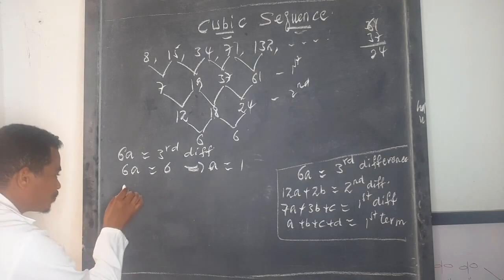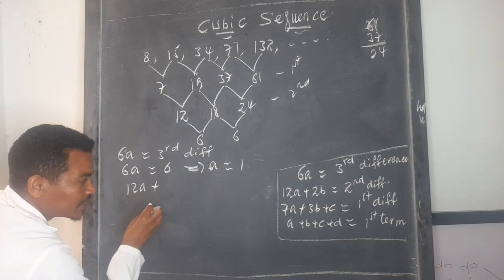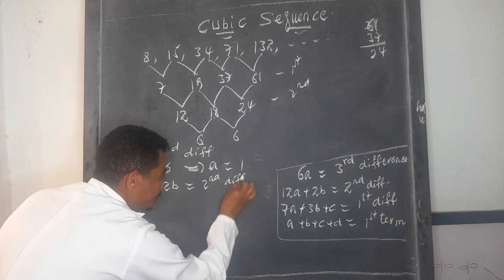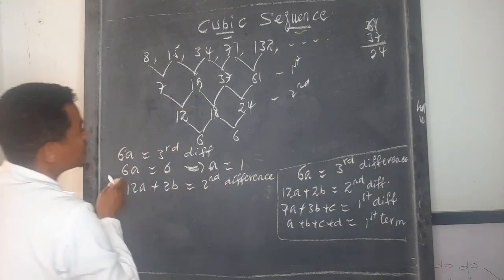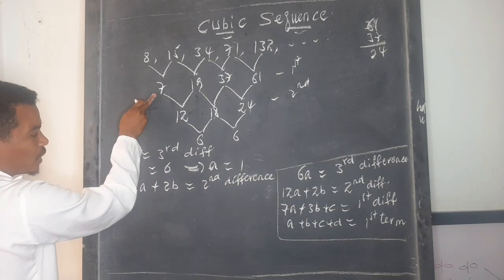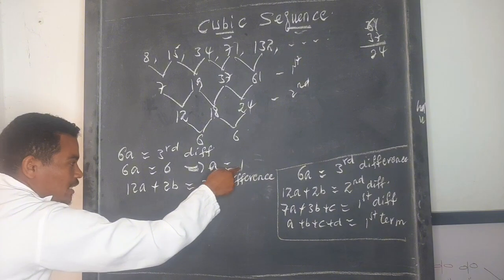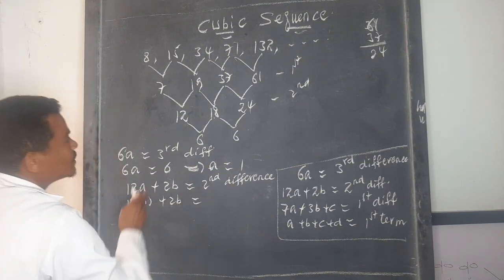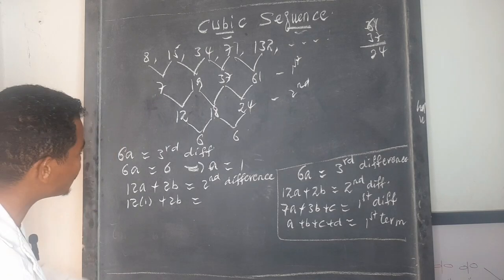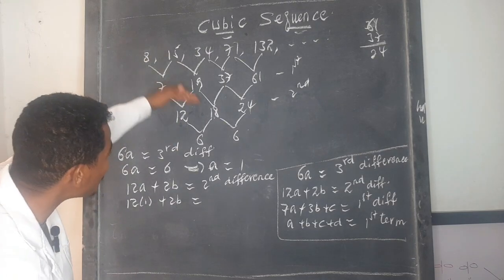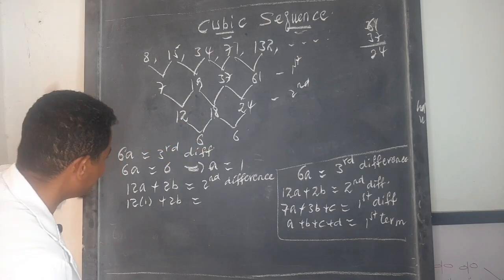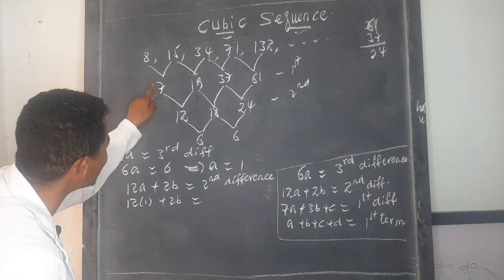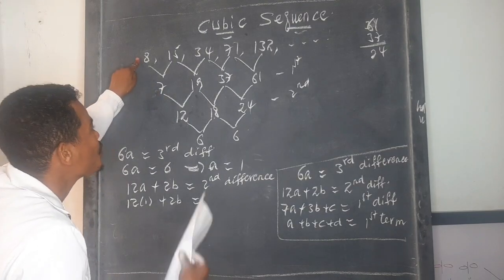The next one is 12a plus 2b is equal to the second difference, which is 12. Here a is 1, so 12 into 1 plus 2b is equal to 12. Here 6 is the third difference, 12 is the second difference, 7 is the first difference, and 8 is the first term.